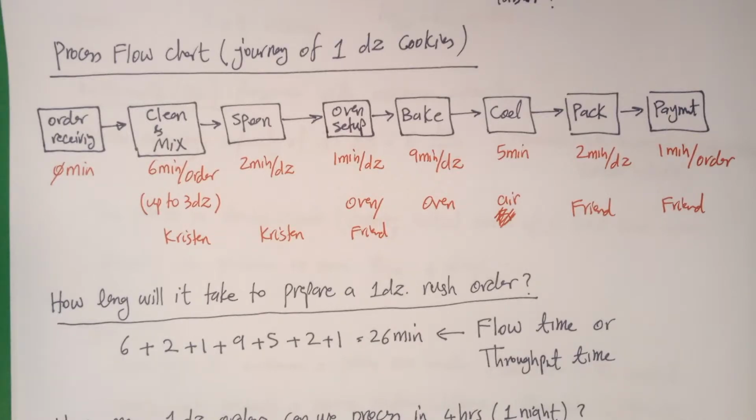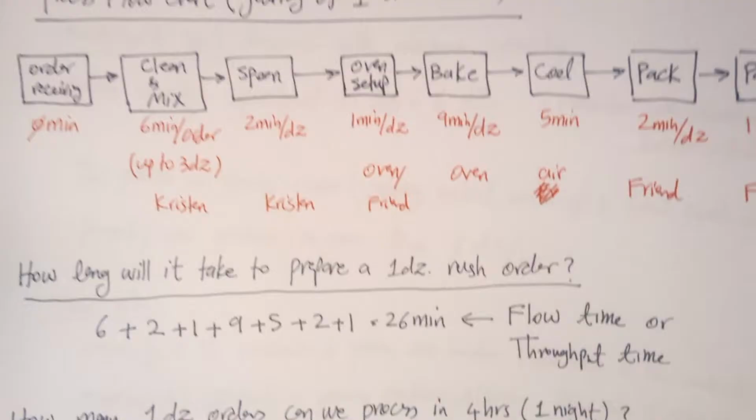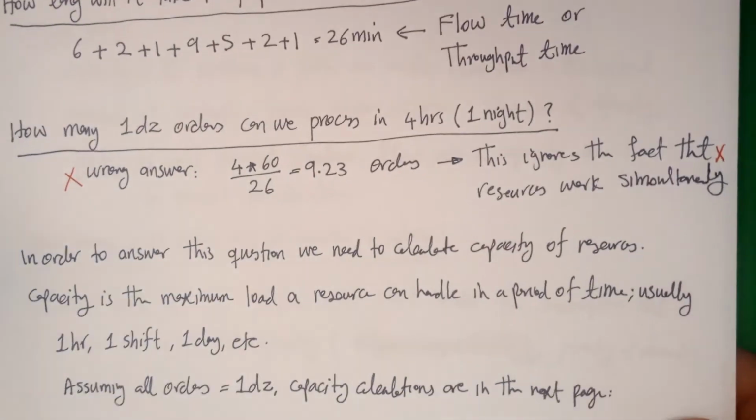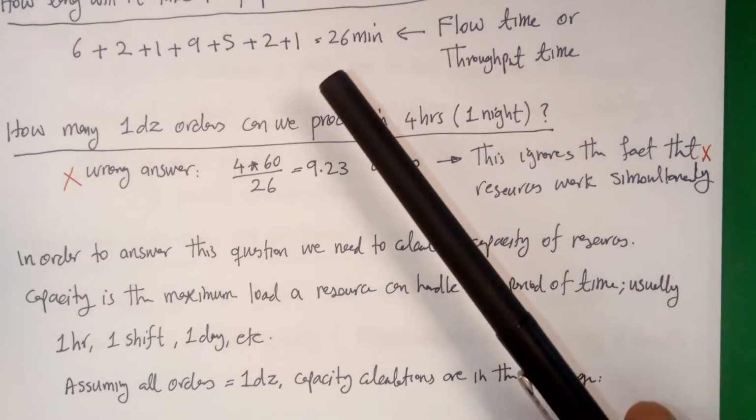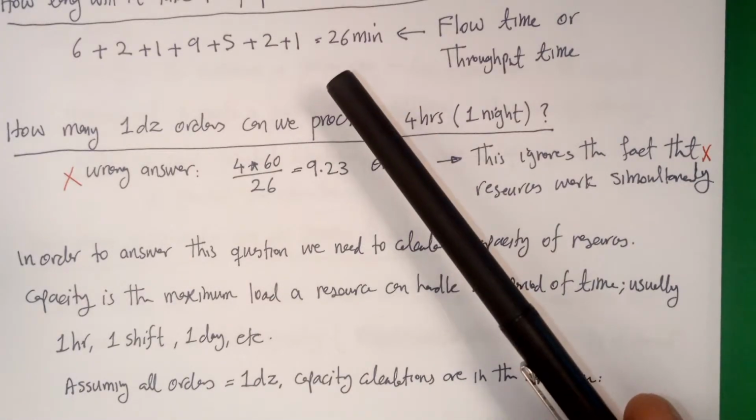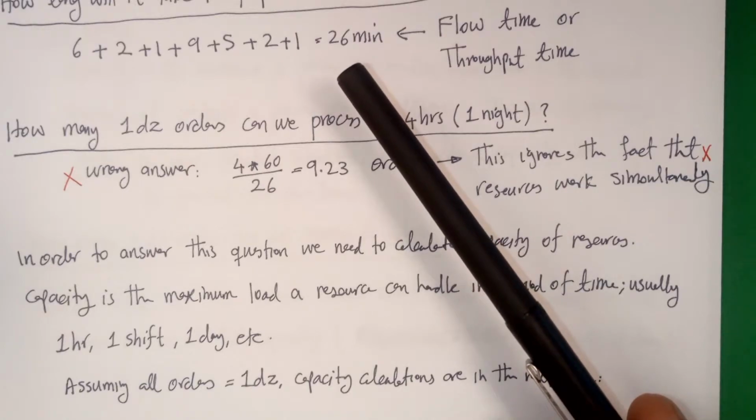The next question we are going to answer is how many 1 dozen cookies can we process if we operate only 4 hours per night? Understandably, one of the first solutions that comes to mind is, well, if you operate 4 hours a day, then I'm going to have 240 minutes.